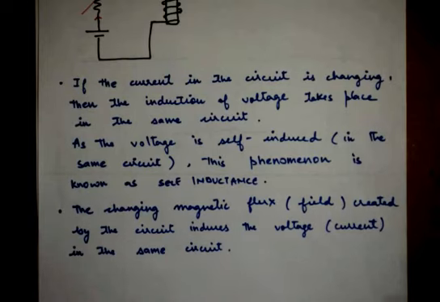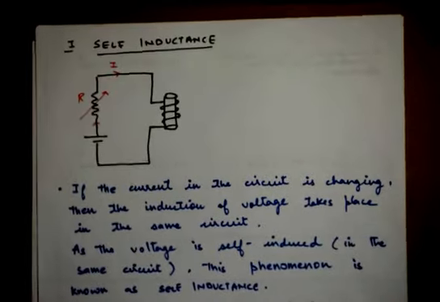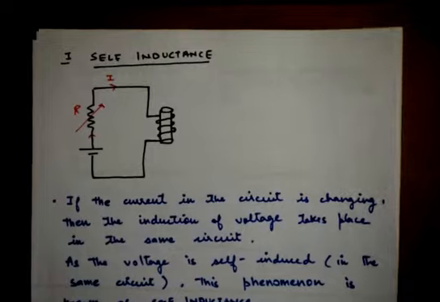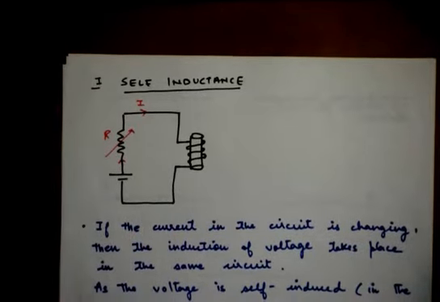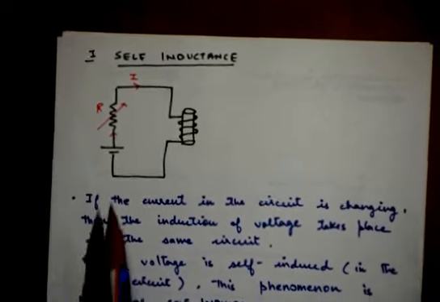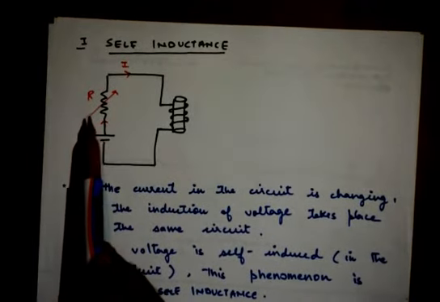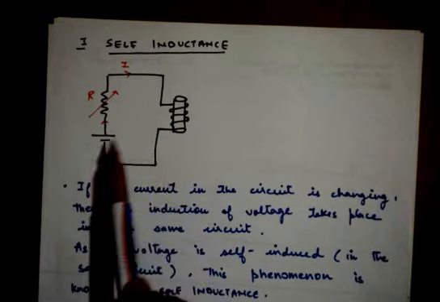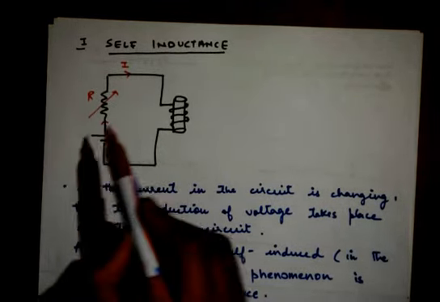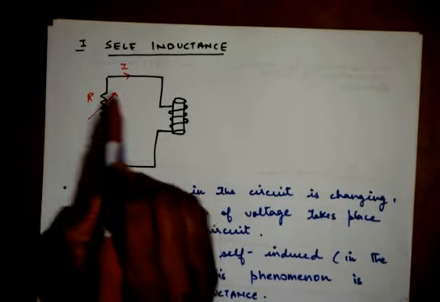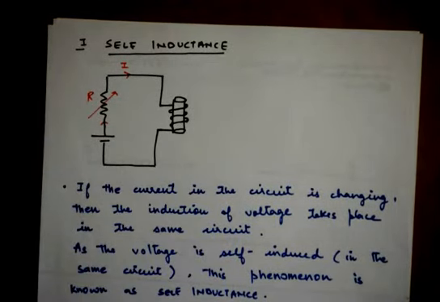Alright, here we can see the example which we have taken. In this circuit we have three elements: a battery, a variable resistor and an inductor. All three elements are connected in series. R is a variable quantity. This is the variable resistor.